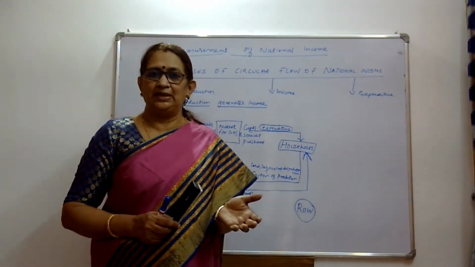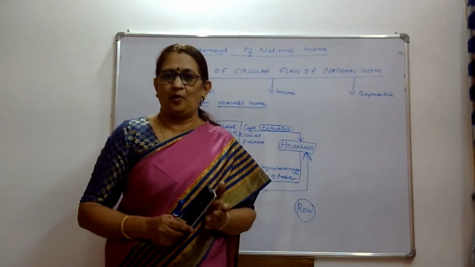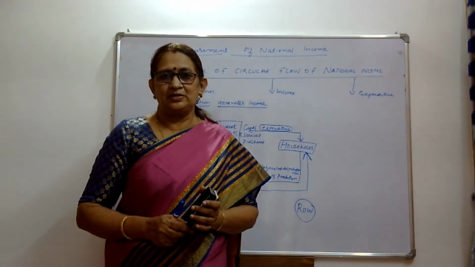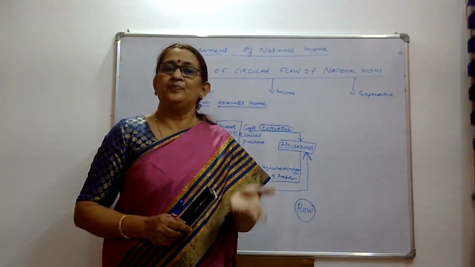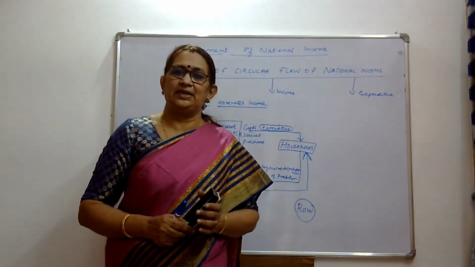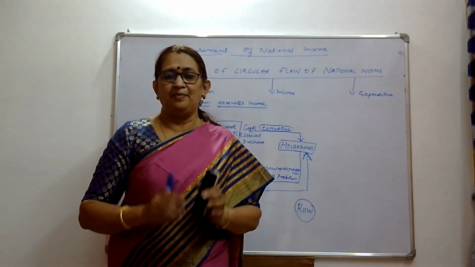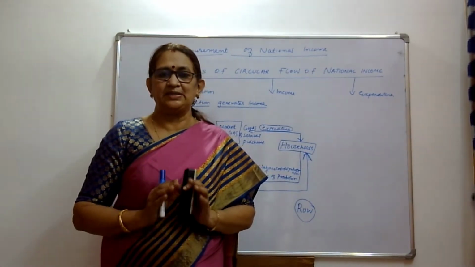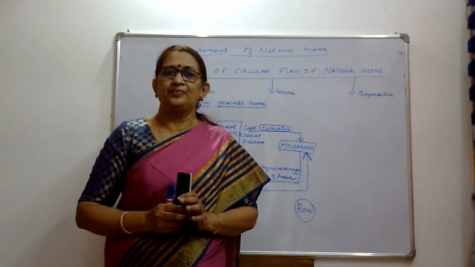This you have learned in grade 9 and 10 basic economics. So, primary sector is agriculture related activities. Secondary sector, industrial sector activities. Tertiary sector, services. And many goods and services are produced every moment in the economy.